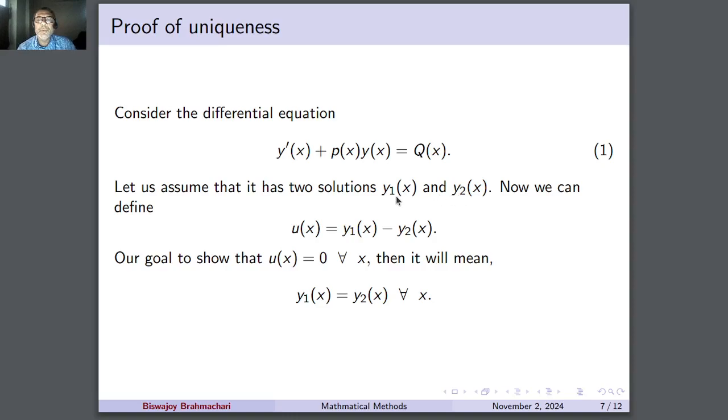Then we will prove that y1 minus y2 equals 0 for all x. That will prove that the solution is unique. So for that, let us define u of x equal to y1 of x minus y2 of x, and then try to prove that u as a function of x is 0 for all values of x.